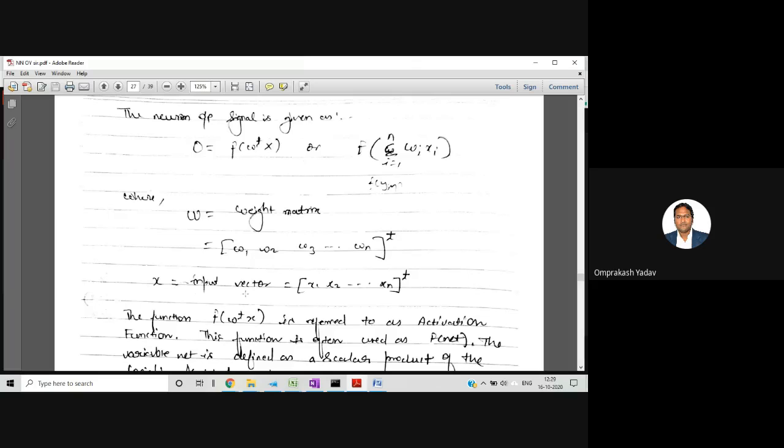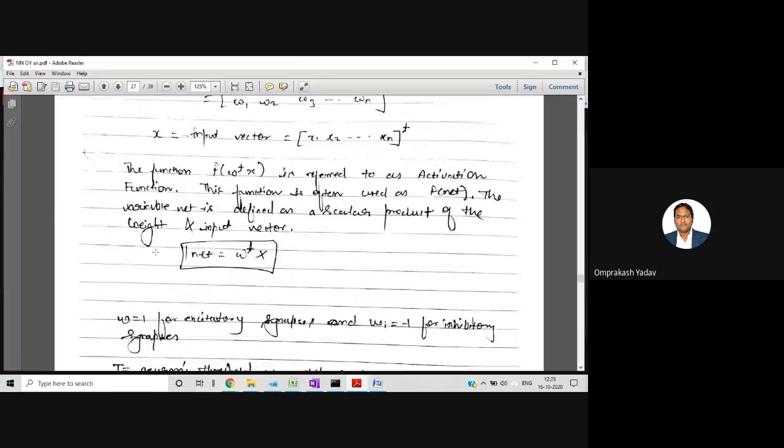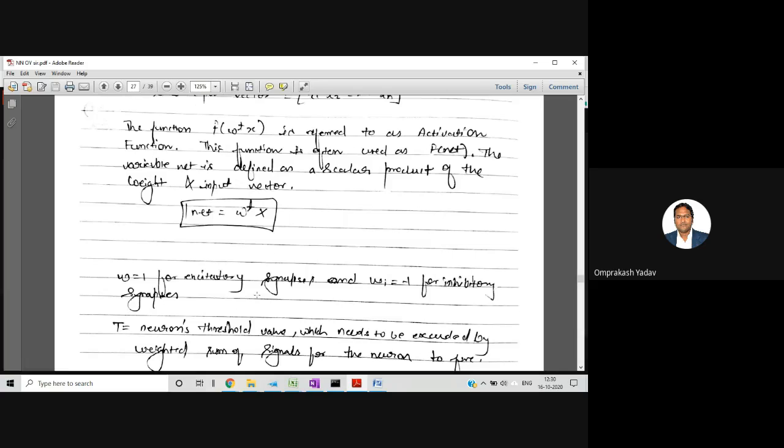And X is the input vector, which can be written as X1, X2 up to Xn, transposed. So the net input is calculated by this formula: net equals W transpose X. This will give us the net input, and W is equal to 1 for excitatory synapses, and W is equal to -1 for inhibitory synapses.